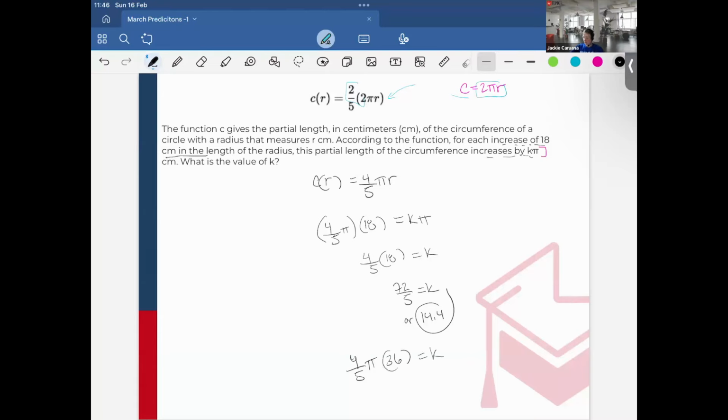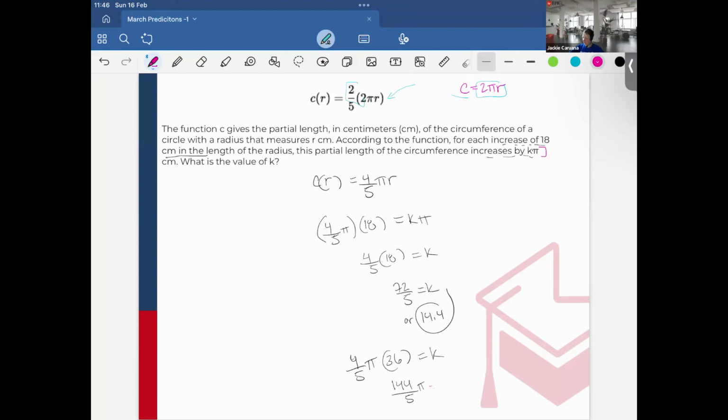That will give me 144 over 5 pi, which just shows that it's going to increase by the difference.